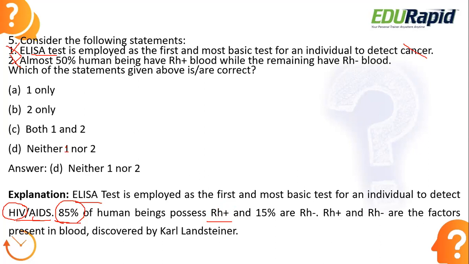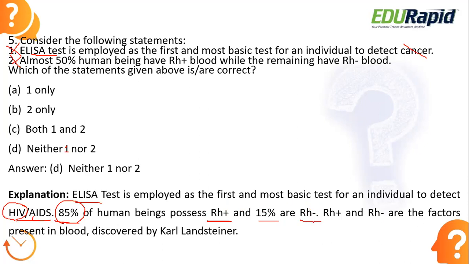Approximately 85% of human beings carry Rh positive blood. The remaining, approximately 15% of the people, carry Rh negative blood, that is, their blood will not contain these proteins. If the protein is present, we call it positive; if it is absent in the blood sample, it is negative. Clear?